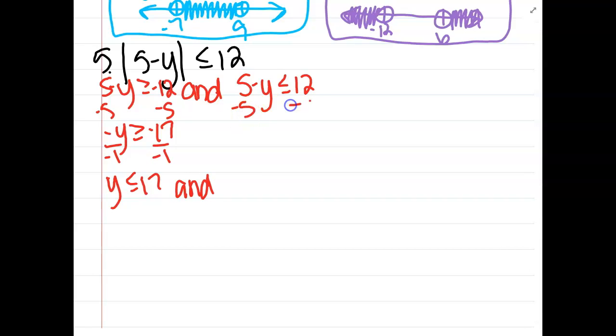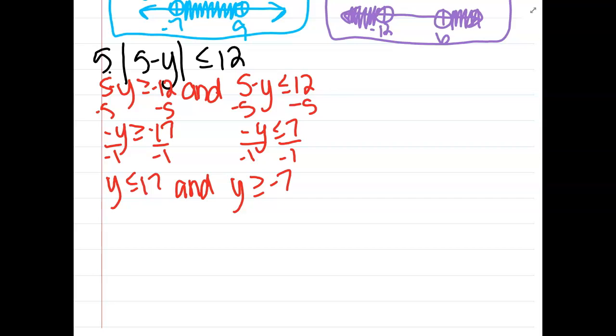We're going to subtract 5, and I still have negative y is less than or equal to 7. Same thing, right? I don't want negative y, I want a positive y, and whenever I divide both sides by a negative 1, you gotta flip the sign again. So this is going to be y greater than or equal to negative 7.